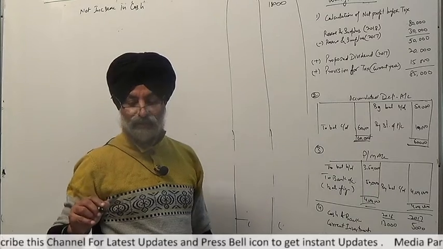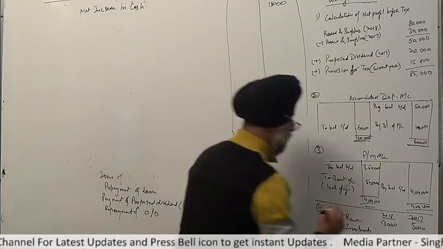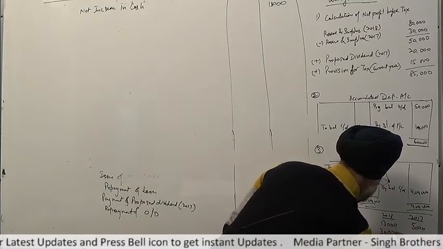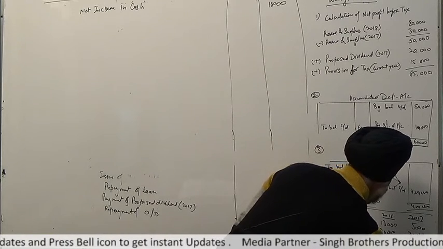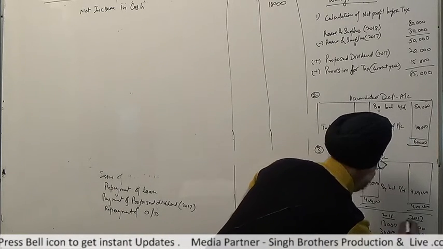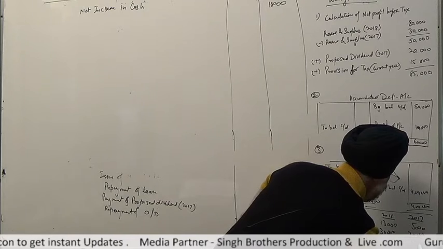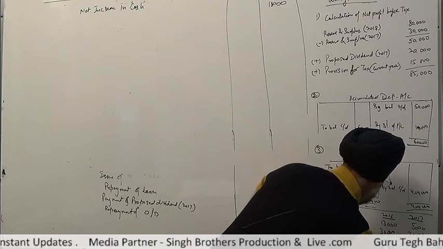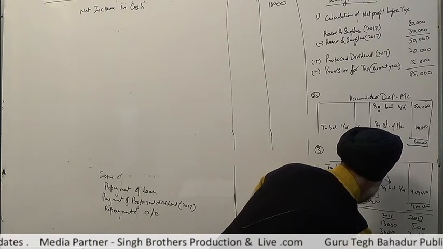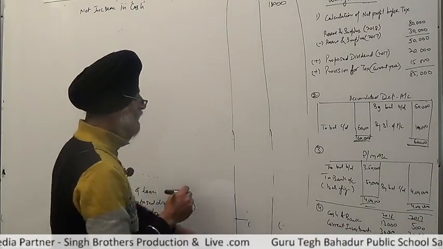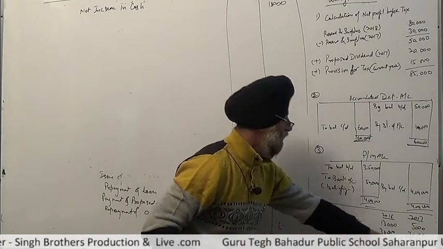This is in 2017 20,000, in 2018 30,000. Total cash and equivalents for 2017 is 25,000, and for 2018 it is 43,000. So cash at the beginning is 25,000.